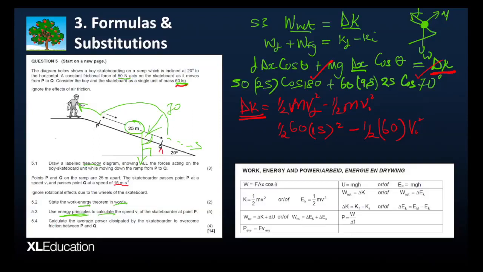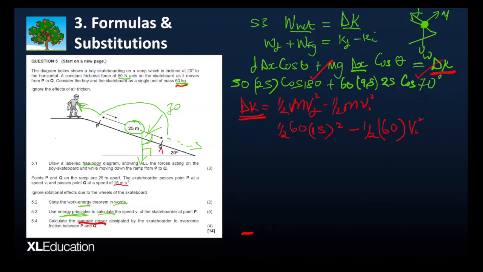Right, on the formula sheet, we are supposed to check still under work, energy and power, but here the question is saying calculate the average power. On our formula sheet, it is there, P average. There's only one formula which is talking about P average. Our P average is equal to force multiplied by velocity. So now I'm writing down the formula. Let me write down the formula for you guys.